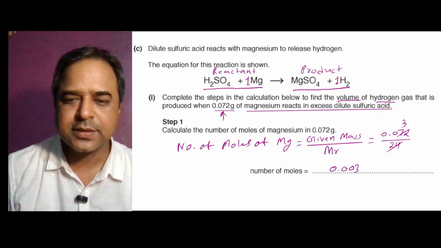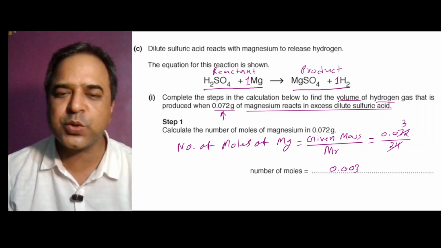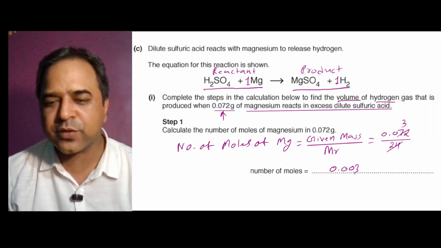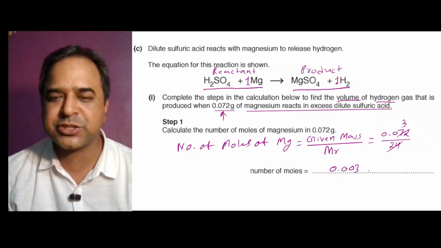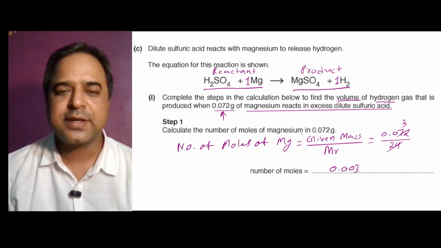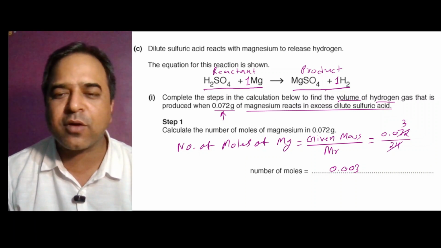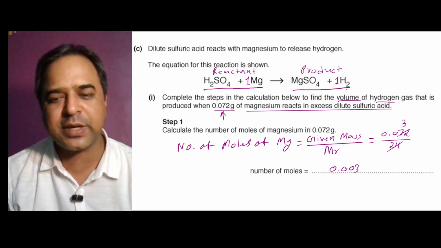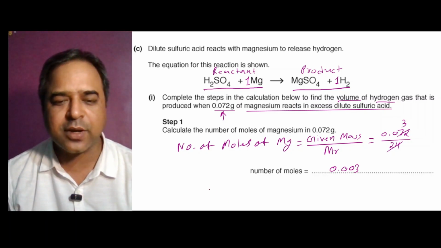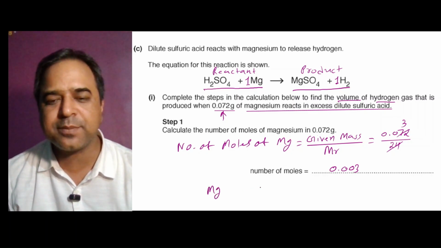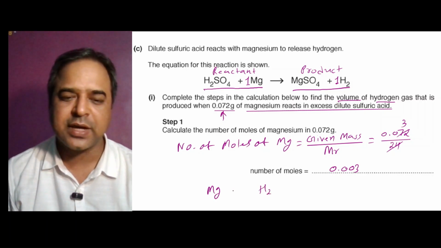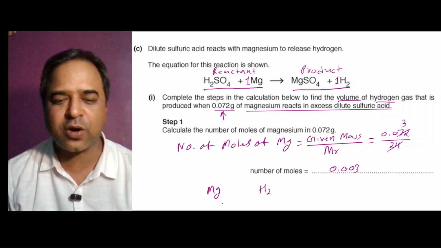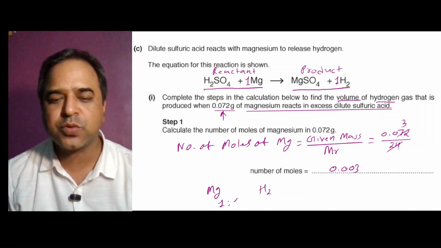Okay, so now once you know there is 0.03 moles of magnesium, the same number of moles of hydrogen will also be there. Why so? Because magnesium and hydrogen are in the ratio of 1:1.